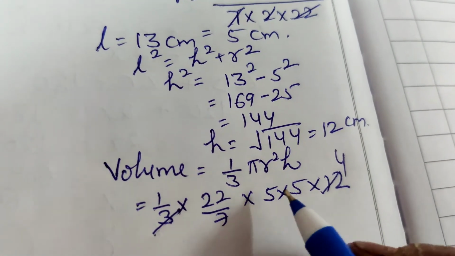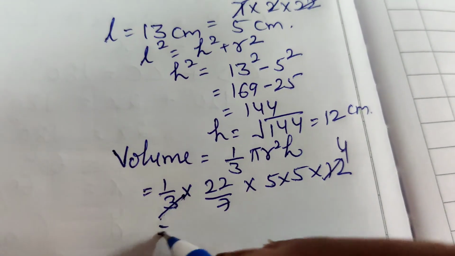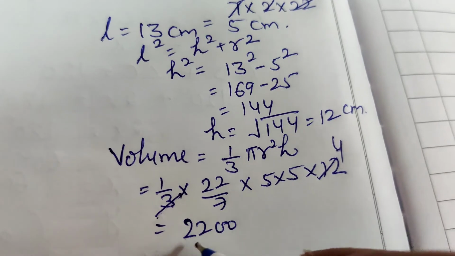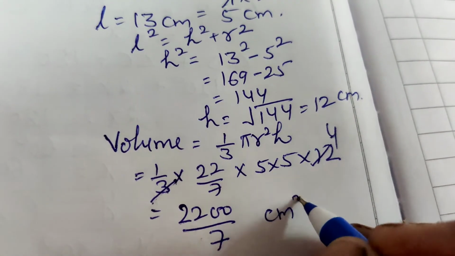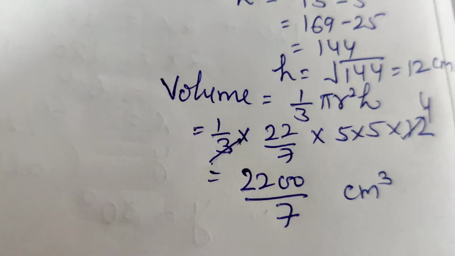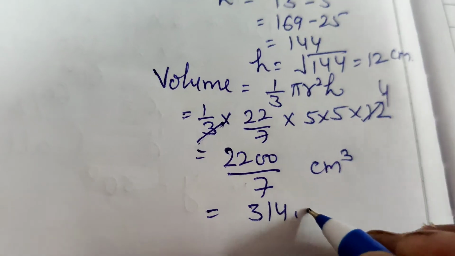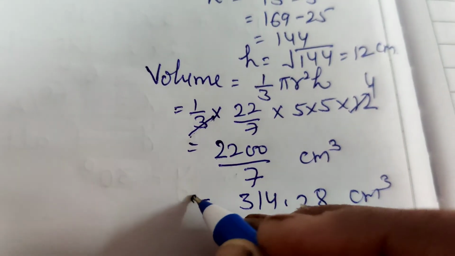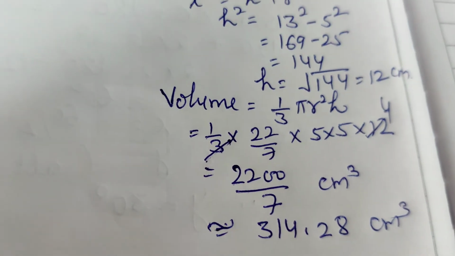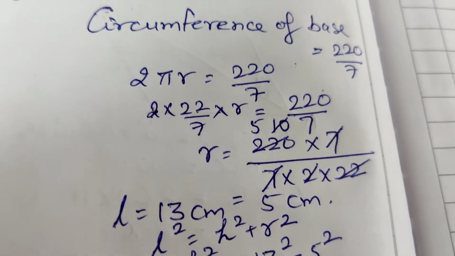Now multiply. 5 into 5, 25 into 4, 100. 2200 by 7 cubic centimeter. So divide and get the 314.28 cubic centimeter approx. This is the volume of cone.